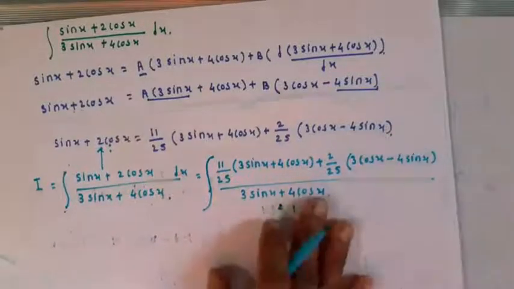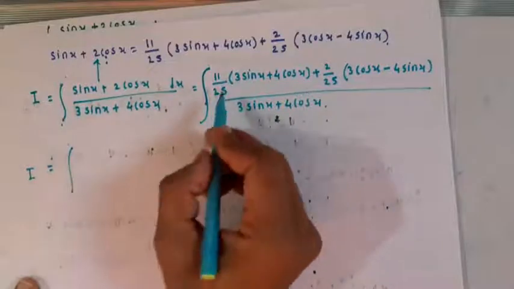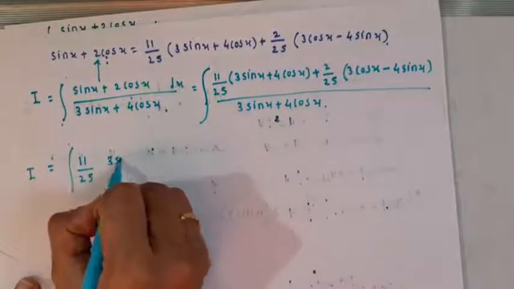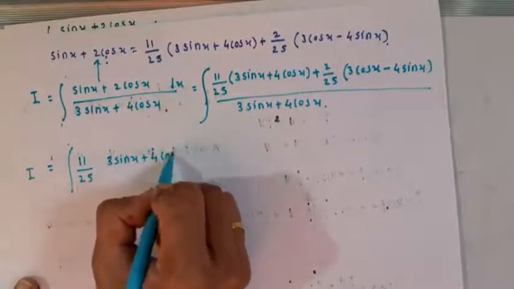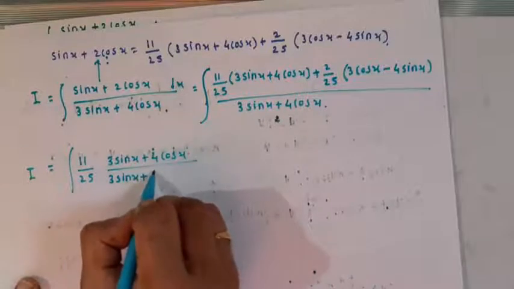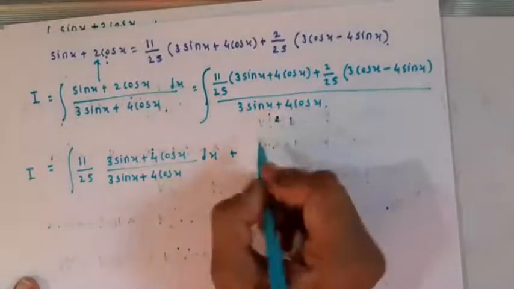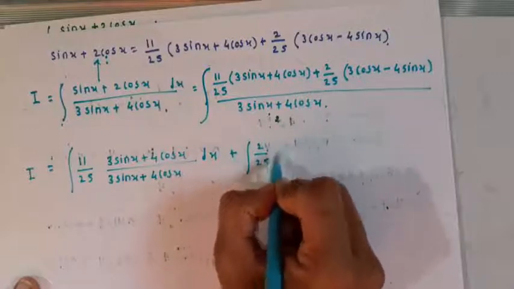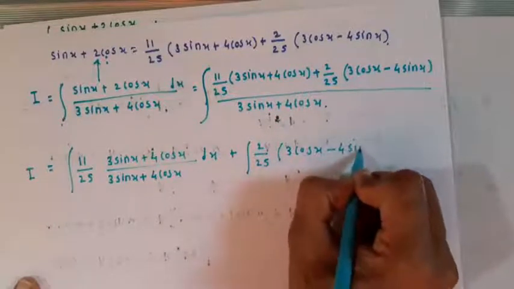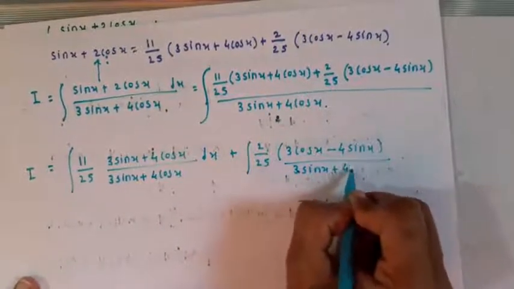Now simplify the integrand. Integration I equals the integral of 11 upon 25, separating the terms, (3 sin x plus 4 cos x) upon (3 sin x plus 4 cos x) with respect to x, the first term, plus the second term, 2 upon 25 times (3 cos x minus 4 sin x) upon (3 sin x plus 4 cos x).